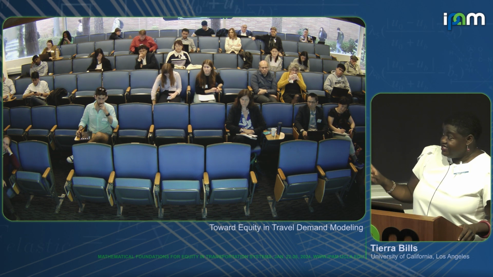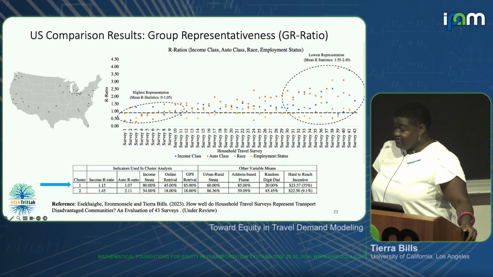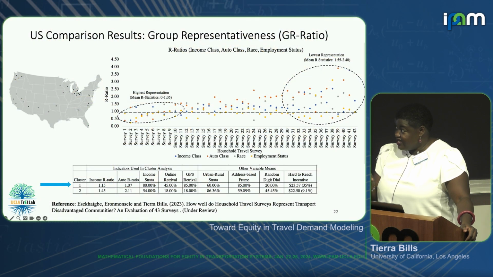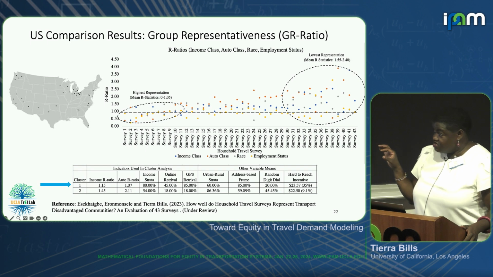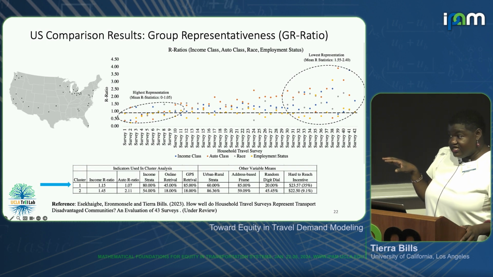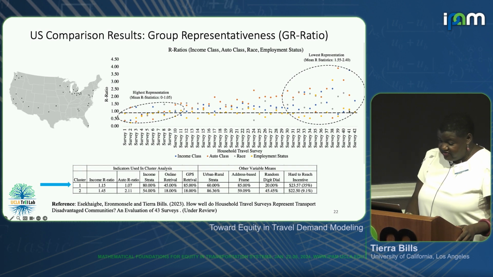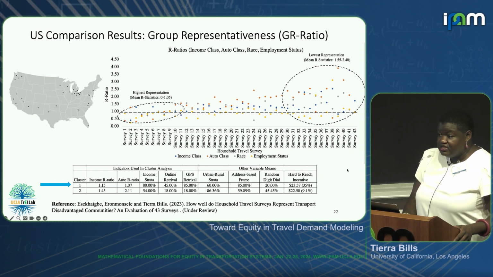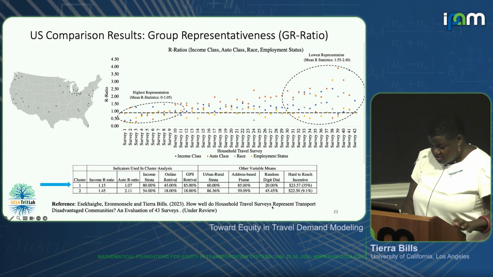So the point is that that's a good question. It would be desirable to have such a benchmark, but I think this is still really valuable in the sense that it shows cases where you have just super poor representation and overrepresentation of affluent communities in the survey. Okay, all right.